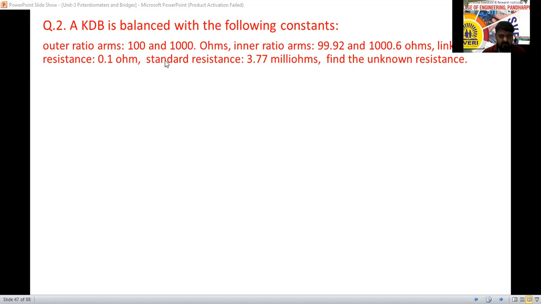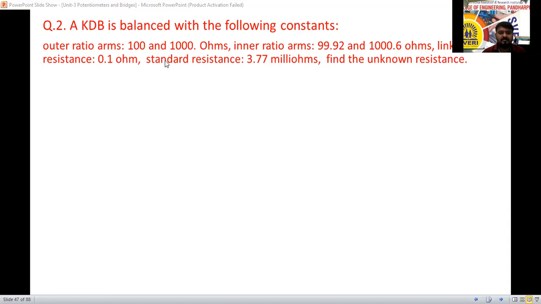Yes, sir. What are the given data? P is equal to 100 ohm. Which P, capital or small? Capital. Okay. Capital Q is equal to 1000 ohm. Yes. Small p is equal to 99.92 ohm. Very good. Small q is equal to 1000.6 ohm. Okay. Small r is equal to 0.1 ohm.